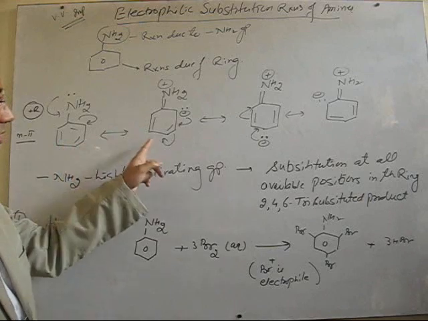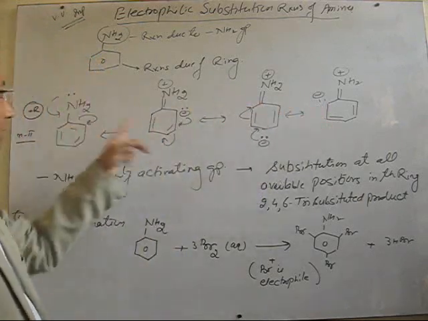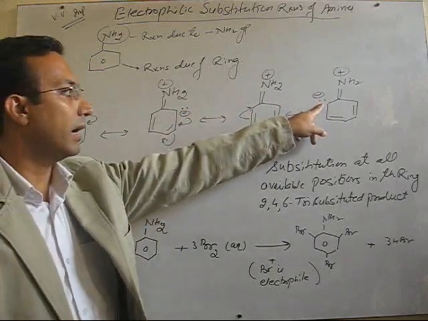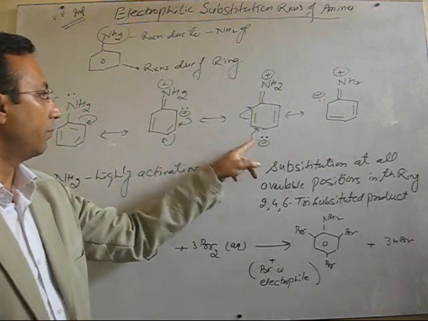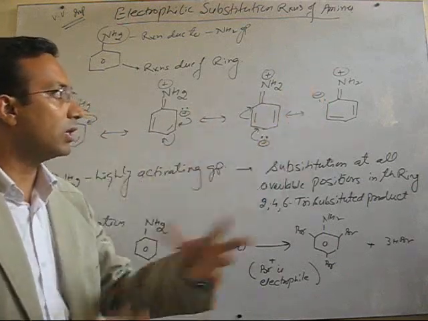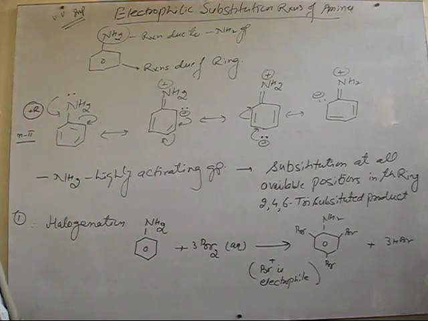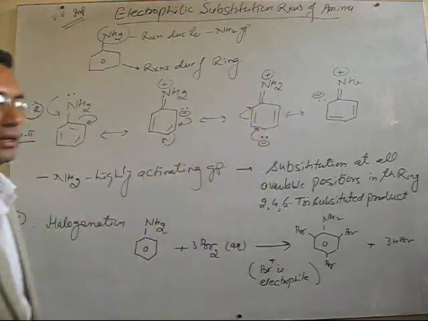If you see these structures carefully, then you see that due to this effect, electron density comes in the ring at particular positions, that is ortho, para and ortho position. Or in general you can say that the NH2 group is a highly activating group which increases the electron density in the ring.